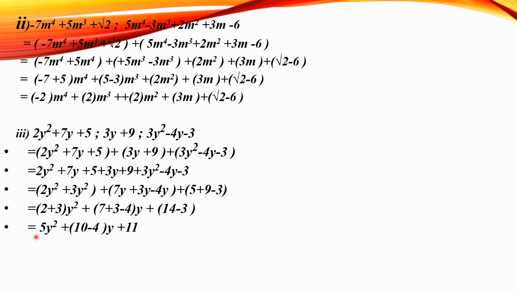So we get 5y square plus 10 minus 4y plus 11. The answer is 5y square plus 6y plus 11.